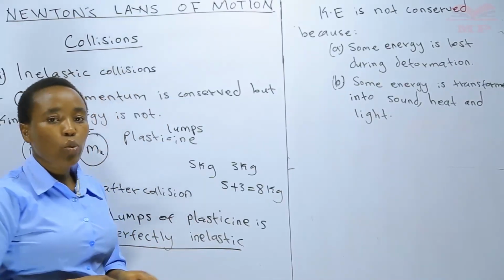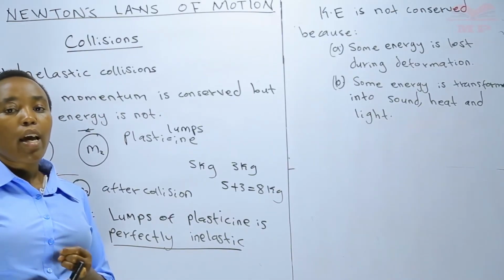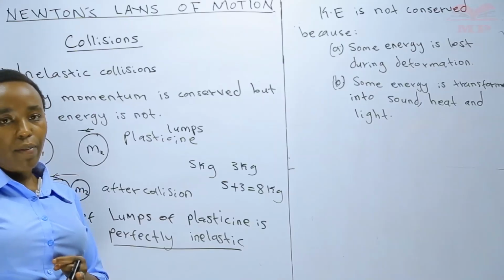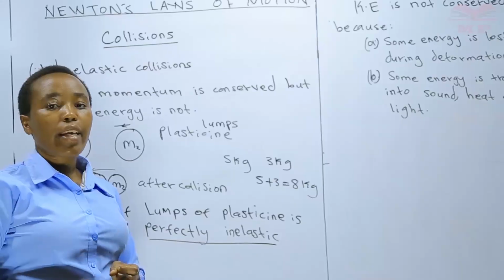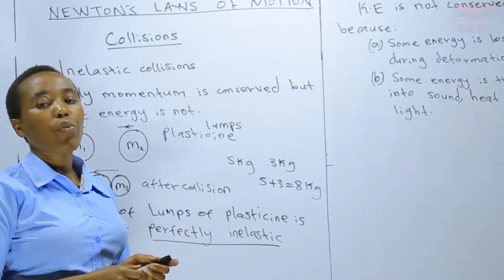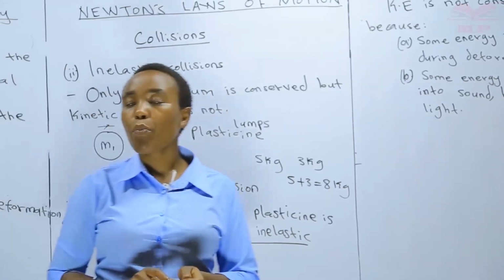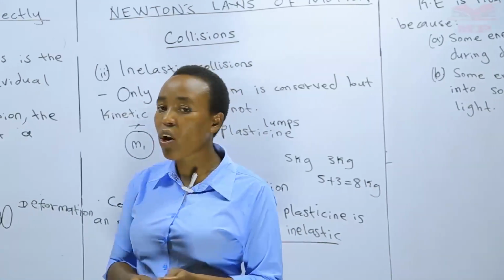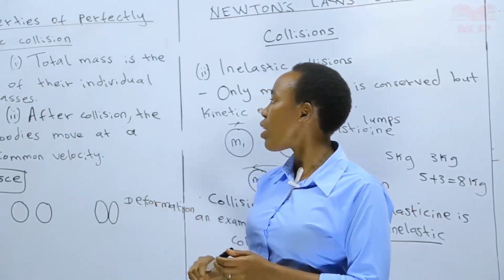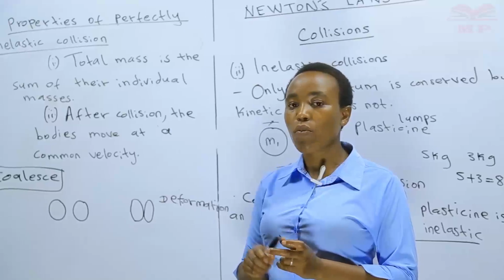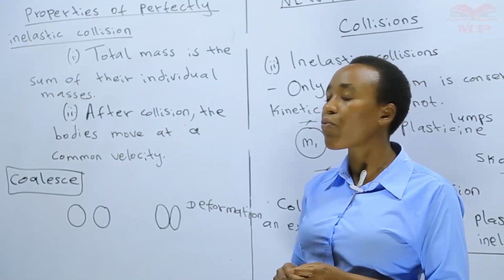And those are the two types of collision. Elastic collision, whereby both momentum and kinetic energy are conserved. Then we have also talked of the inelastic collision, whereby in the case of perfectly inelastic collision, only momentum is conserved. The common properties of the perfectly inelastic collision are that the total mass is the sum of the individual masses of those bodies, and after collision, the bodies move at a common velocity.